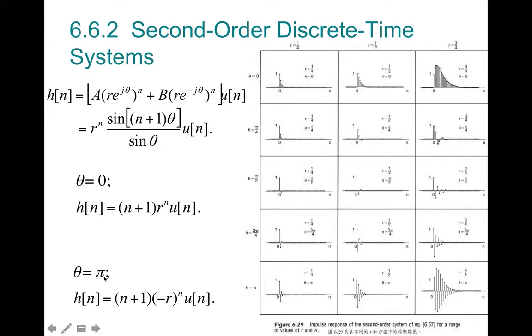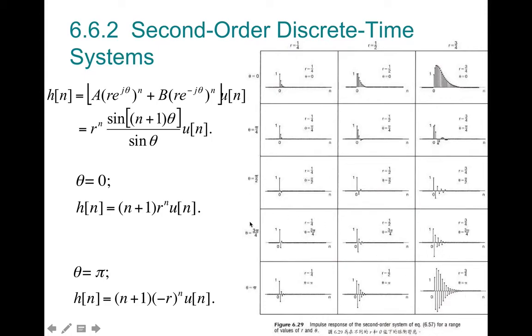When theta equals pi, this is our equation. It's very similar to the case when theta equals 0, except r is now minus r to the power of n. So pretty much the same, except when n is an odd number, then you have a negative value. So you have this positive and negative oscillating pattern.